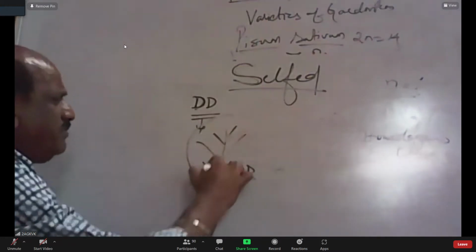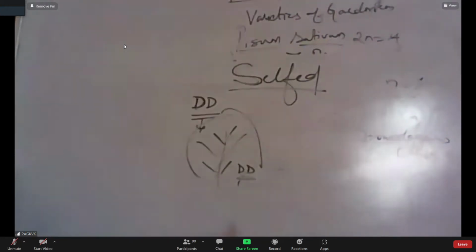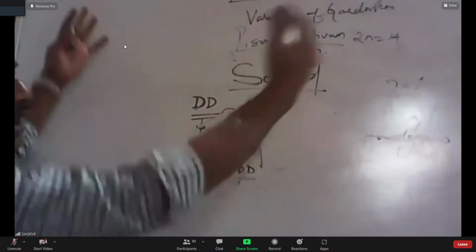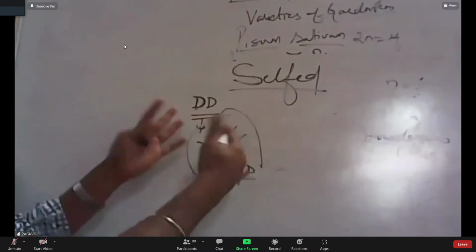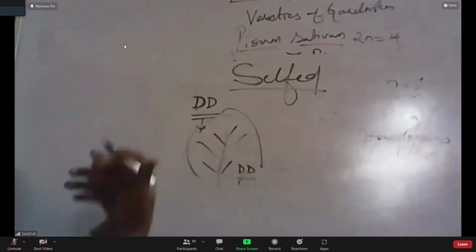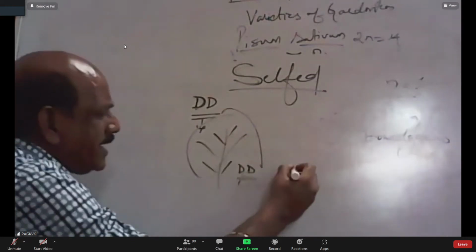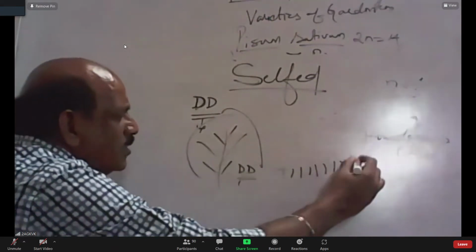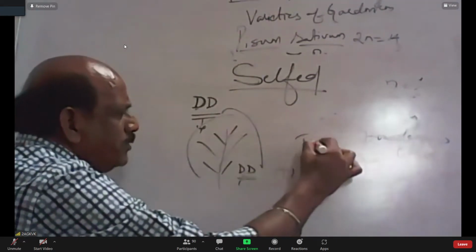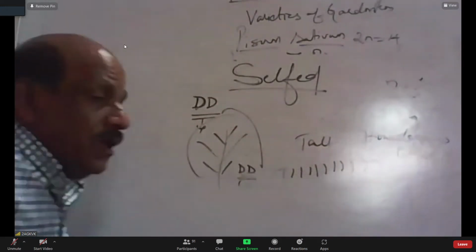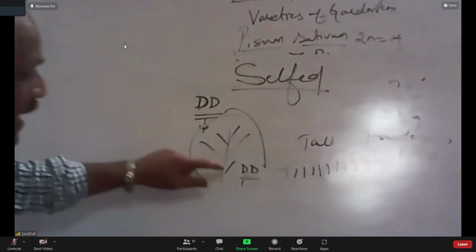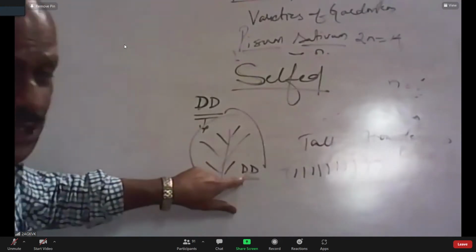If you self this, what is selfing? Put a bag on this plant, don't allow foreign pollen to contaminate. You will harvest a number of seeds. When you raise those seeds, all of them will develop into tall plants. When will that happen? Only if this is homozygous.